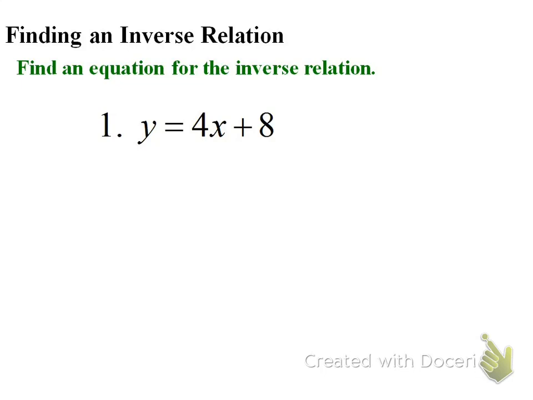All right, here's the first one. You want to start by just writing the original equation. It's a pretty easy one. y equals 4x plus 8. Now, here's the magical step. Ready? You are changing the place of x and y. So your y becomes an x, your x becomes a y.